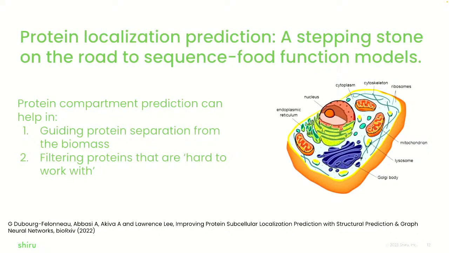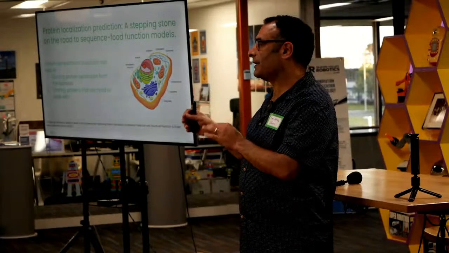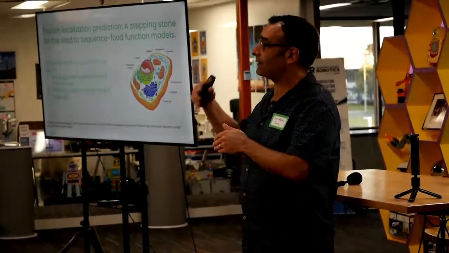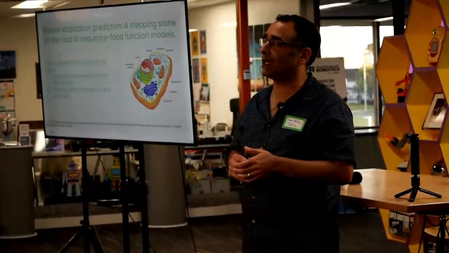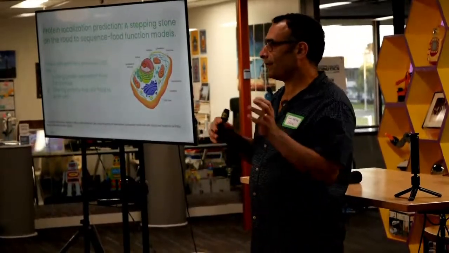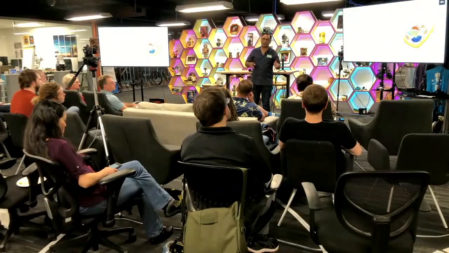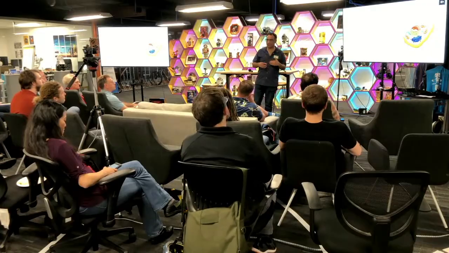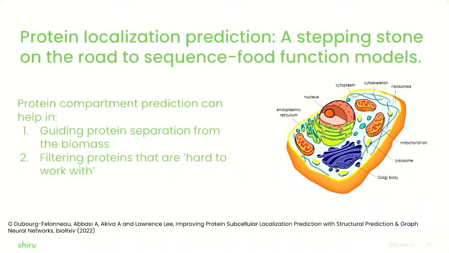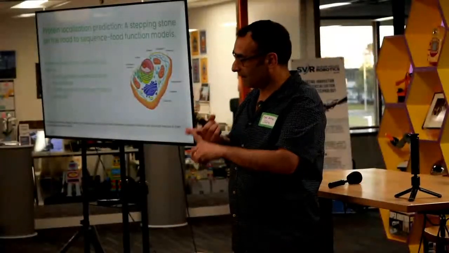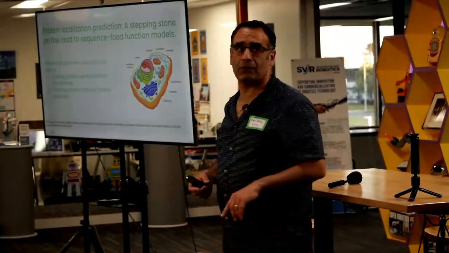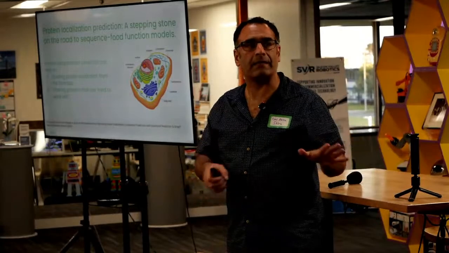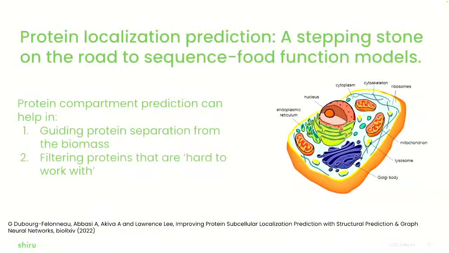But if I know where the sequence ends up in the cell, it can help guide how we separate the protein from the biomass, and also help get rid of, for instance, membrane-associated proteins that are very hard to work with. So we want to avoid them. This helps choose the right sequences and get rid of the wrong ones. And that's one example of an application of Flourish.